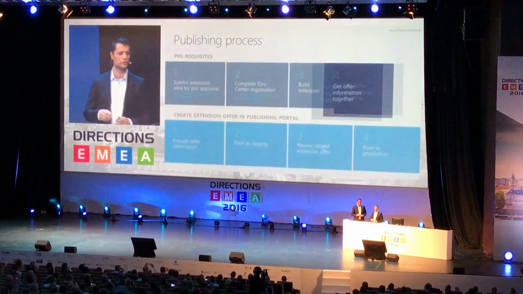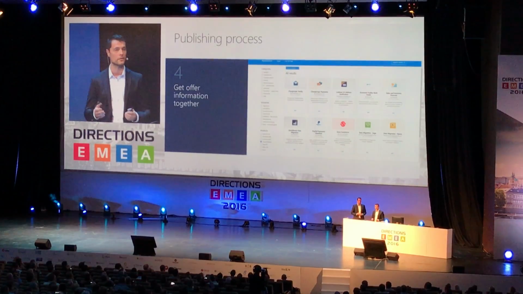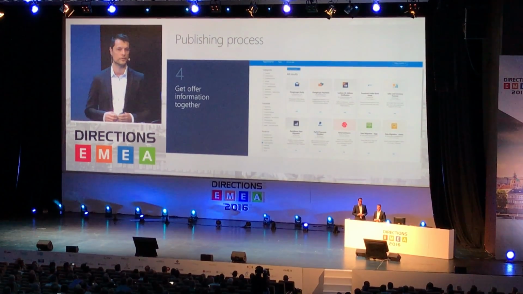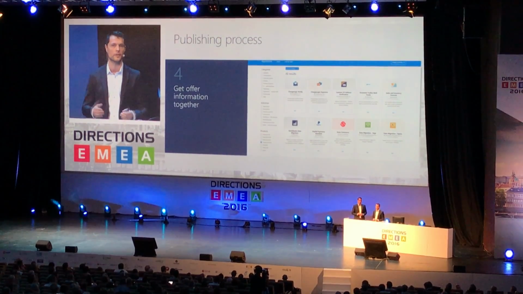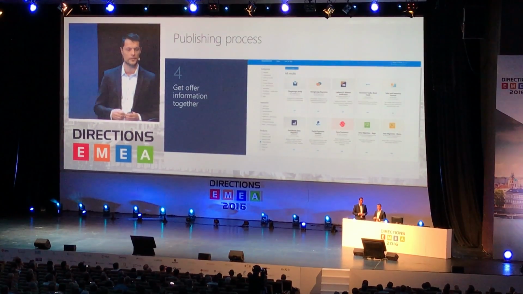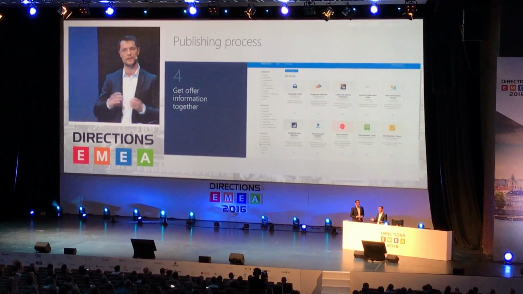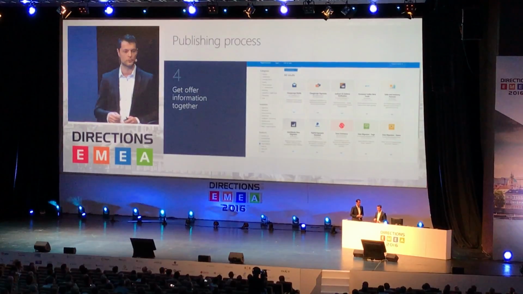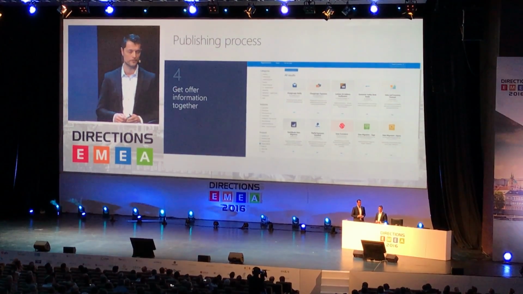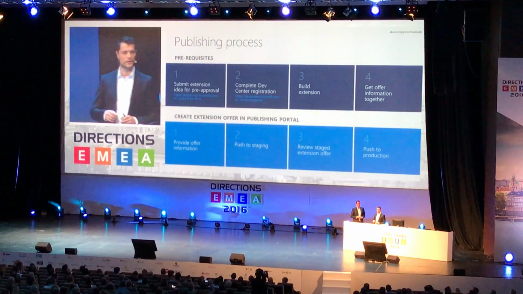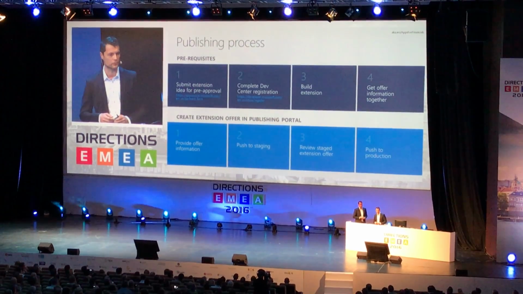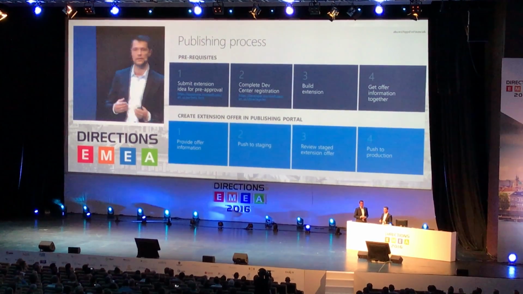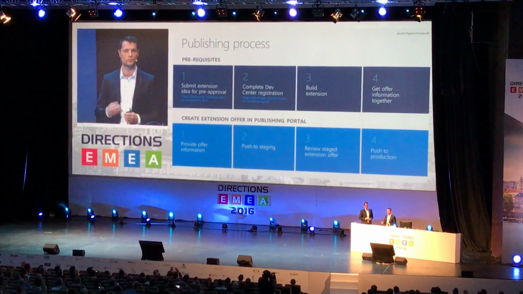And then you put your offer information together, and the offer is made up of what's actually visible inside of AppSource. So that's a description, an icon, and things like that to present it in a nice way. Then you are actually ready to go and provide the offer information to AppSource.